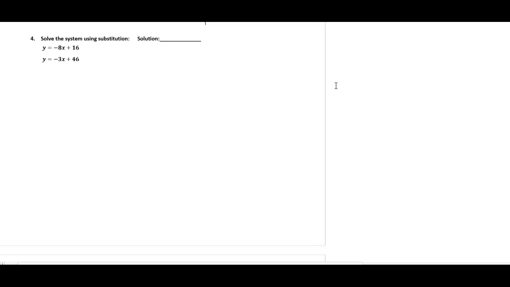Now, the last example. Okay, I make my T-chart. And when I make my T-chart, I get y equals negative 8x plus 16, y equals negative 3x plus 46.